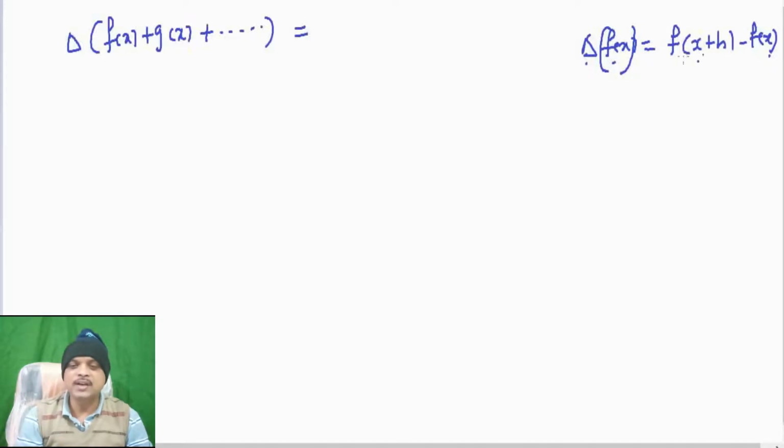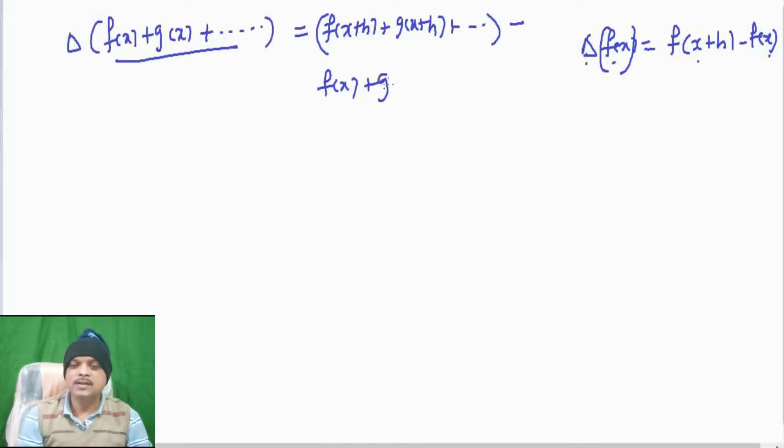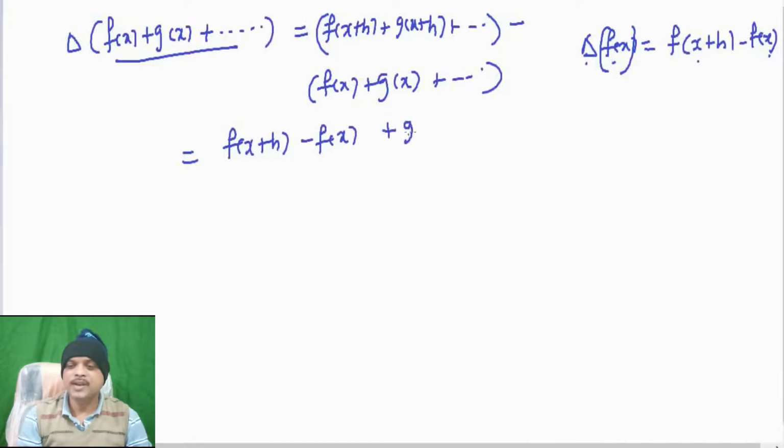So delta will calculate the difference of f of x plus h plus g of x plus h, minus f of x plus g of x. Okay, and this is equal to f of x plus h minus f of x, plus g of x plus h minus g of x.